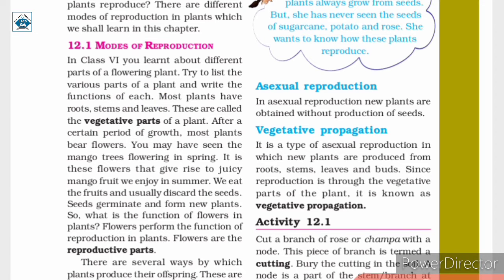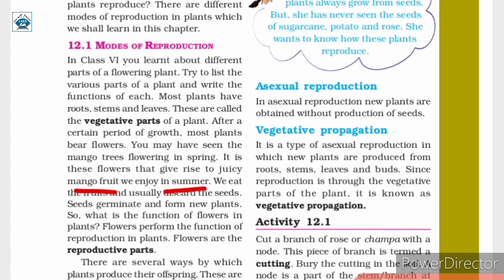Most plants can bear flowers after a certain period of their growth. You must have also seen mango trees that have flowers in them during the spring season. Now what happens to these flowers is they become fruits. That is, on a mango tree, these flowers give rise to the juicy mango fruit that we mostly enjoy during the summer season.